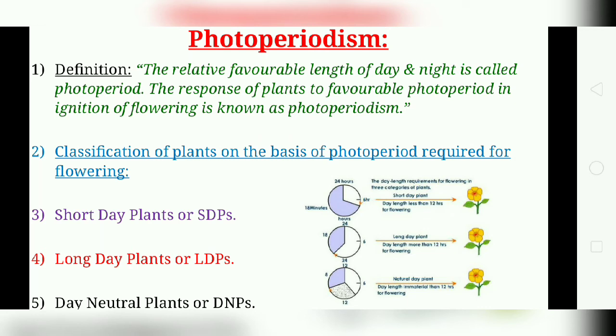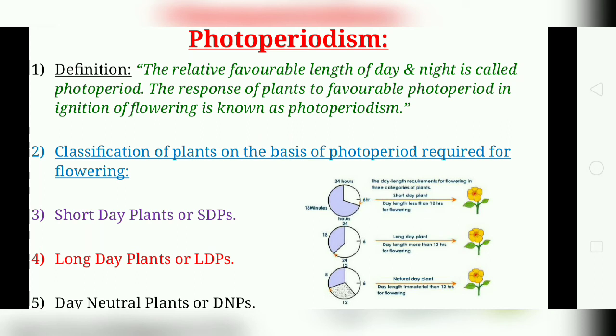When we discuss the classification of plants on the basis of the photoperiod required for flowering, on the basis of the length of photoperiod required to induce flowering, plants are classified into three main categories.